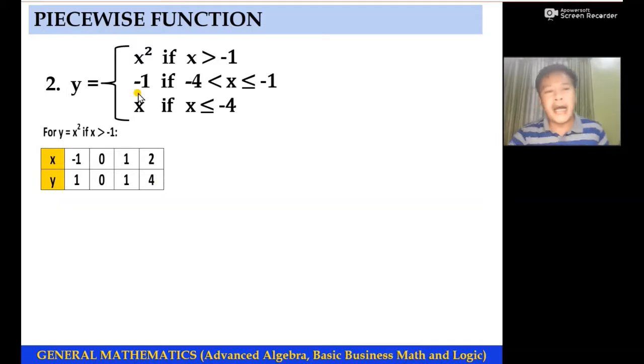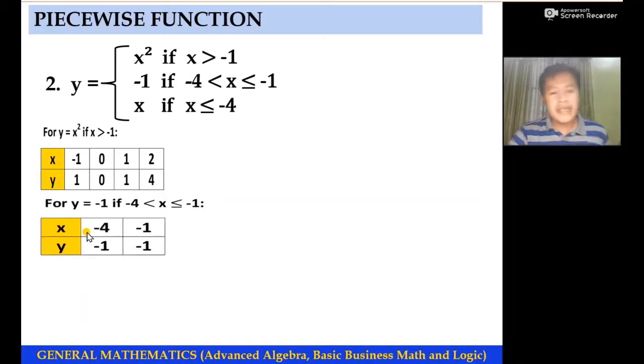Now, we are going to have a separate table for our second subfunction, which is a horizontal line or a constant function wherein our domain is limited to x is greater than -4 and x is less than or equal to -1.